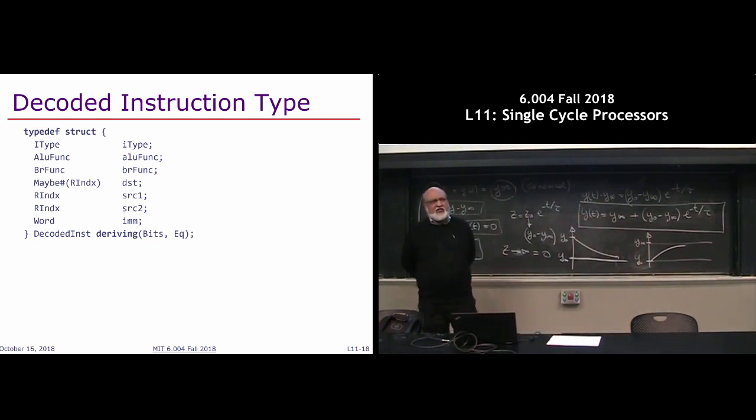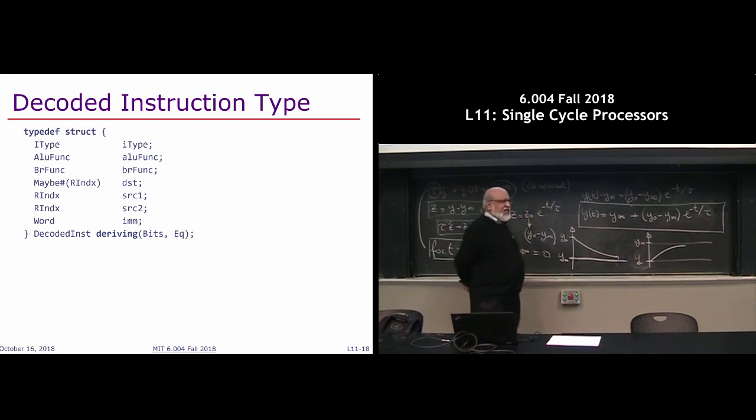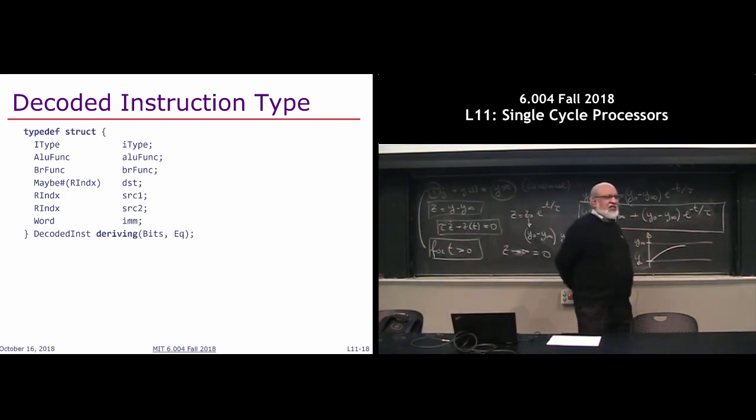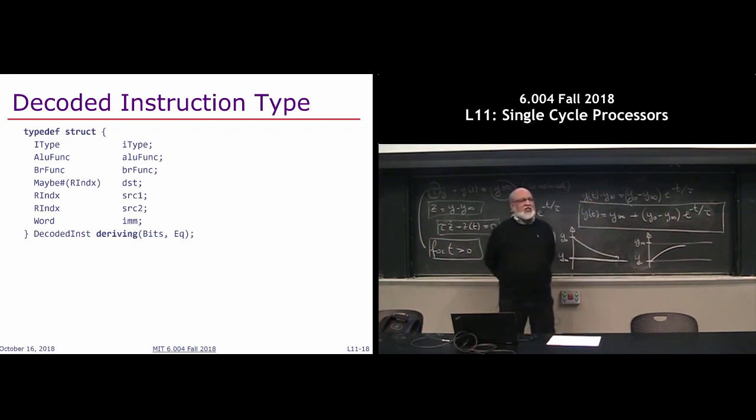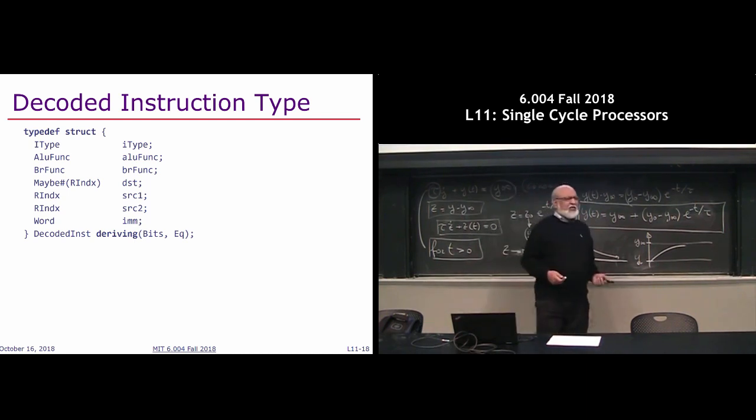as we do in everything when we have to write it in BlueSpec, we define a data structure. We're going to define a data structure for a decoded instruction. It's going to be a structure which we haven't discussed, but it's obvious. It's like any other programming language, the software that you're familiar with.